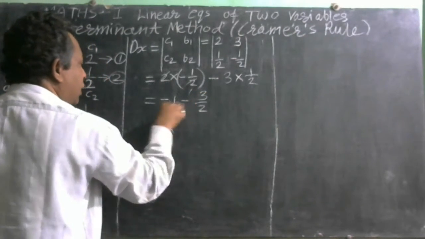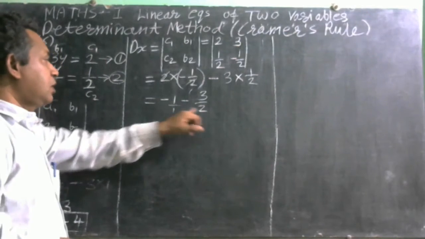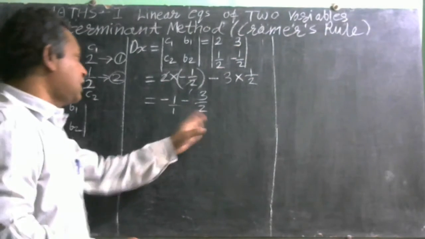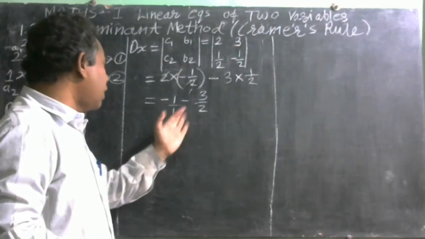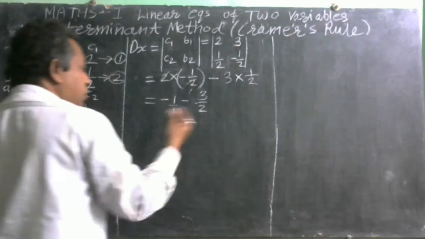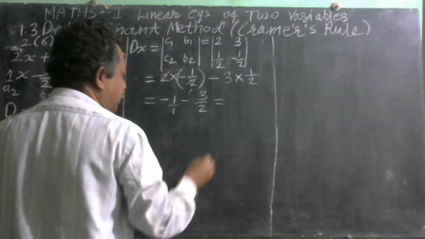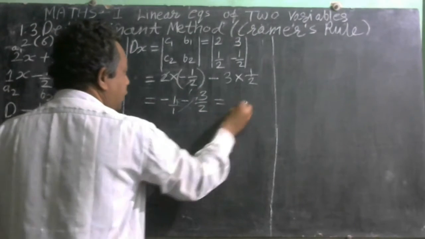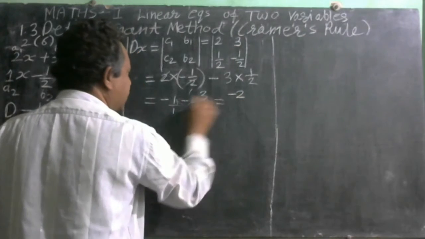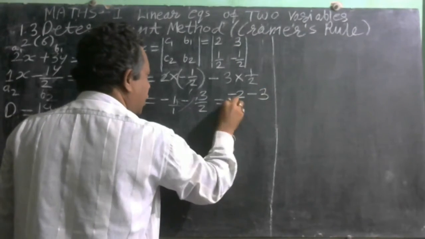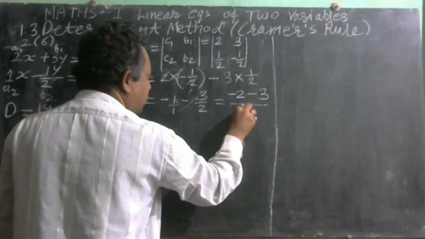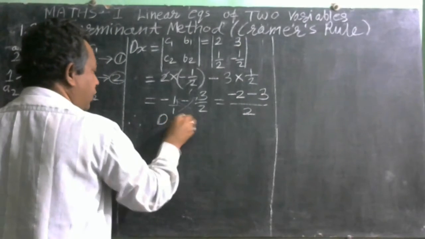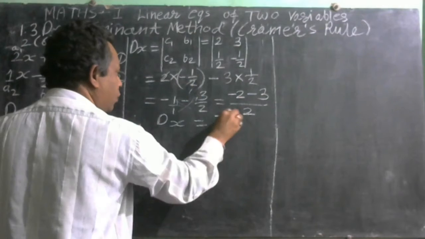As we have one fraction and one whole number, we have to consider it as a fraction 1 upon 1 and add or subtract as per fraction rules. So 2 ones are 2, cross multiply here, that is minus 2, minus 3 ones are 3, that is minus 3 upon 2 ones are 2, that is 2. Therefore the value of Dx will become minus 5 upon 2.